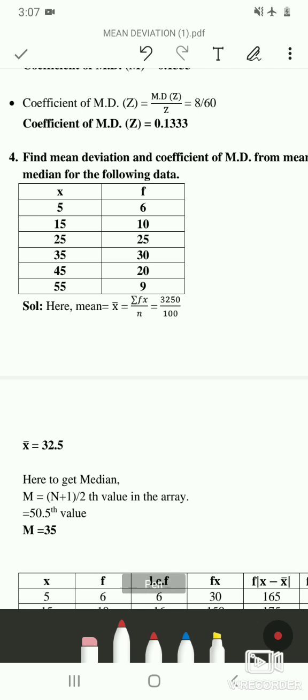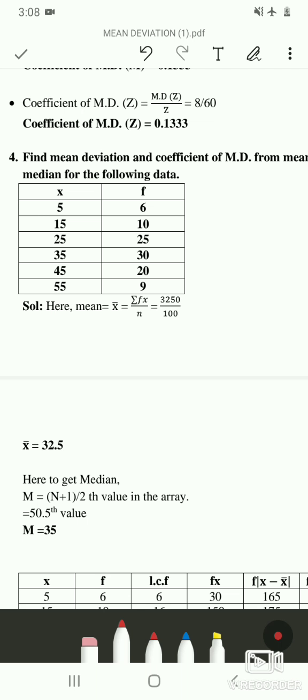So here the data is x, the values of x and corresponding frequencies are given. The values of x are from 5, 15 up to 55, and the corresponding frequencies are 6, 10 up to 9. So now first let us calculate mean and median.